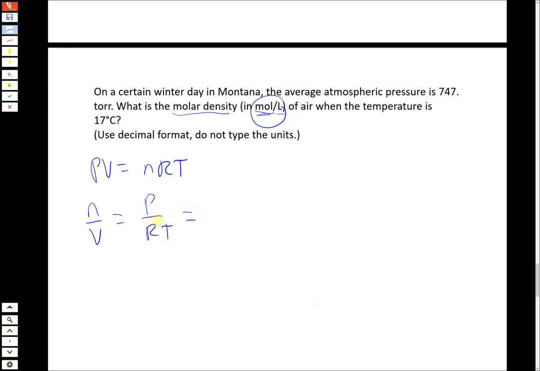This calculation is going to involve R, so our pressure needs to be in atmospheres. So it's 747 torr, and 1 atmosphere is 760 torr. So the pressure in atmospheres is 0.983.